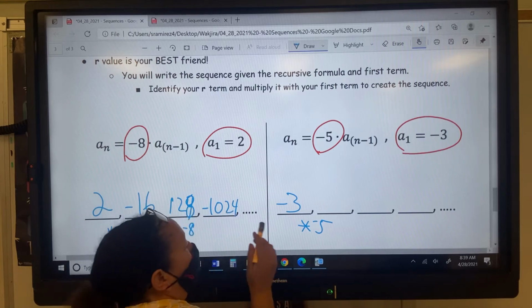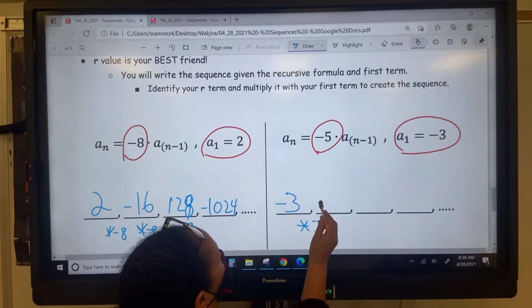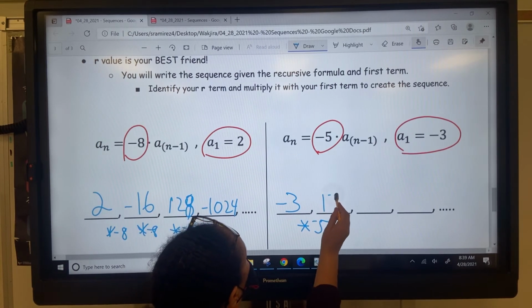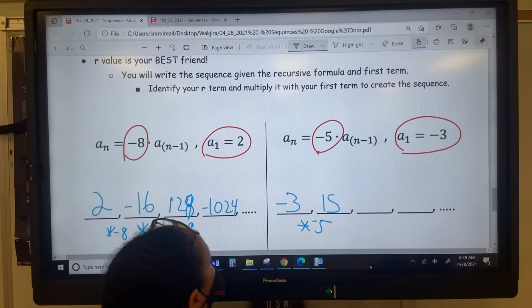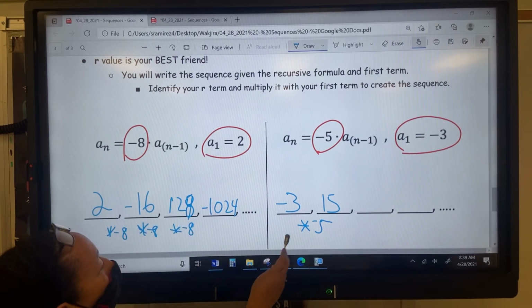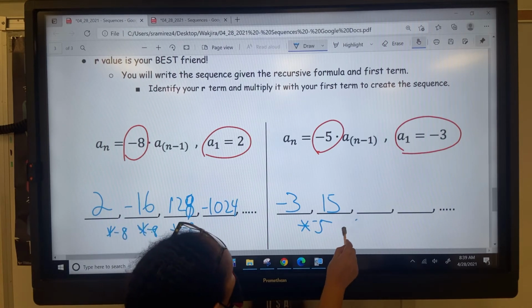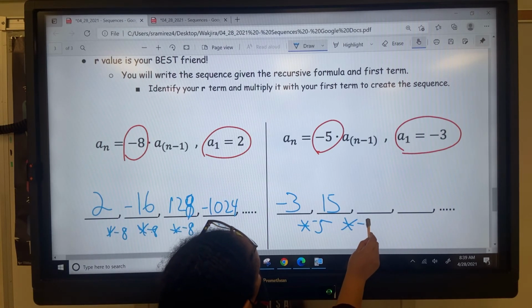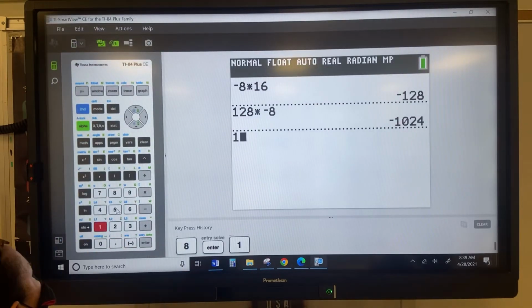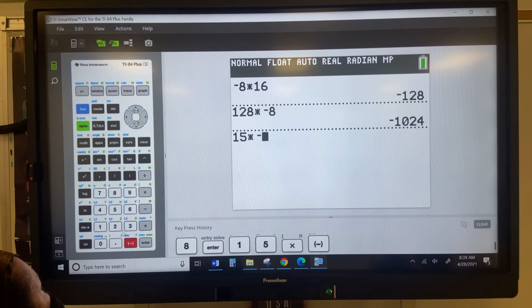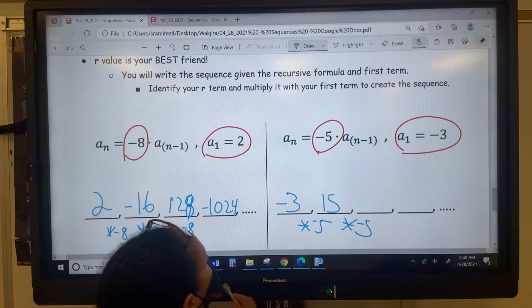When we multiply negative 5 by negative 3, it is going to be 15. Then the next step, we multiply 15 times minus 5, which is minus 75.